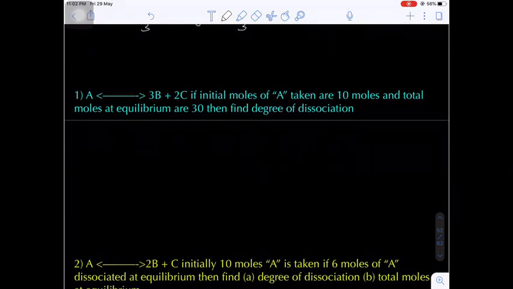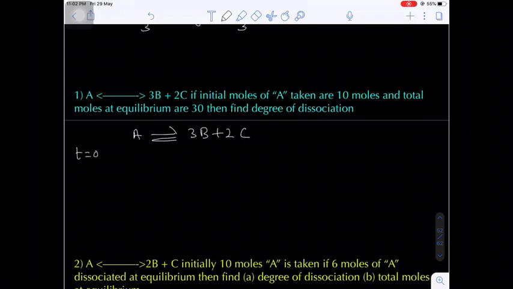Now here there are some problems. A gives 3B plus 2C. If the initial number of moles of A taken is 10 moles and the total number of moles at equilibrium is 30, then find the degree of dissociation. It is very simple. A gives 3B plus 2C. Initial number of moles I am taking A, and 0 0.